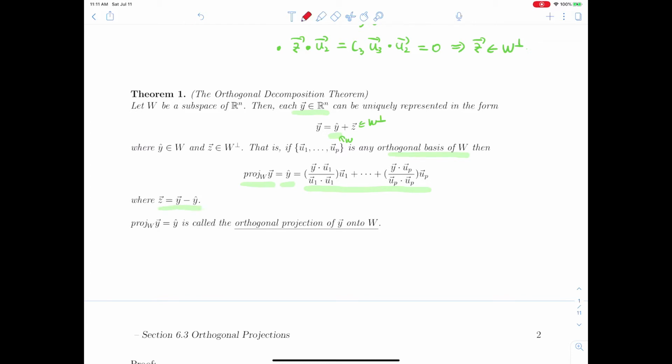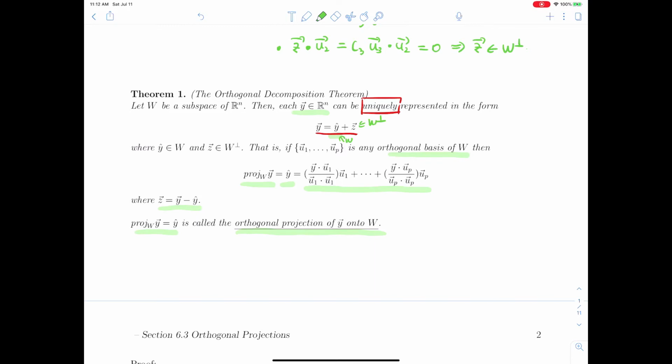The point of this theorem is that this decomposition of y into y hat plus z is unique, and we call the projection of y onto W the orthogonal projection of y onto W.